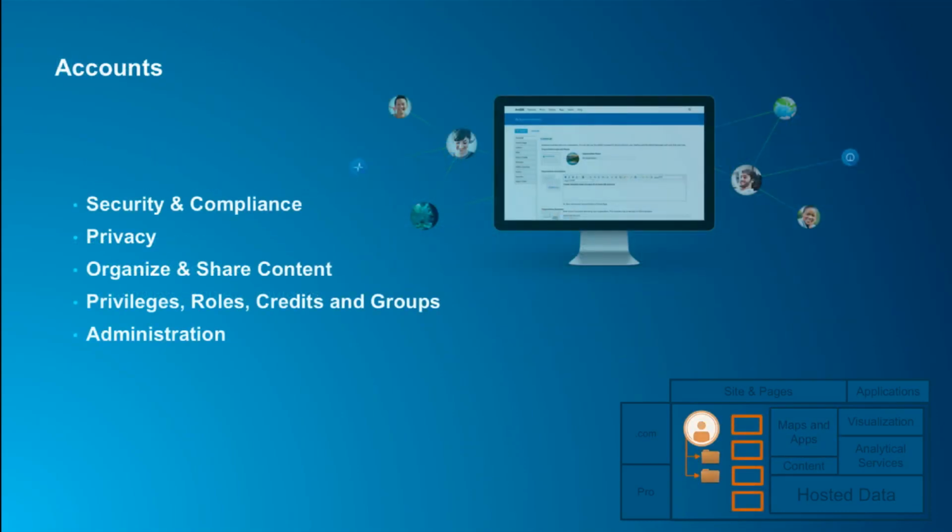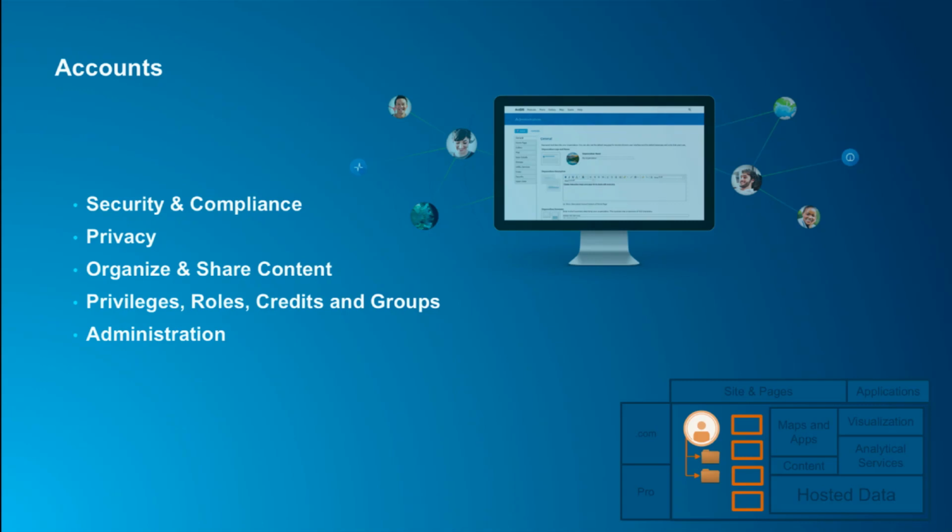So accounts. We've talked about some of the building blocks of what's there in terms of services and content, but of course, you have to have this pretty robust system on top of this for named users and how you manage them. In particular, there's a lot of depth around providing security, and we talked a little bit about the sharing models that are built into the system.